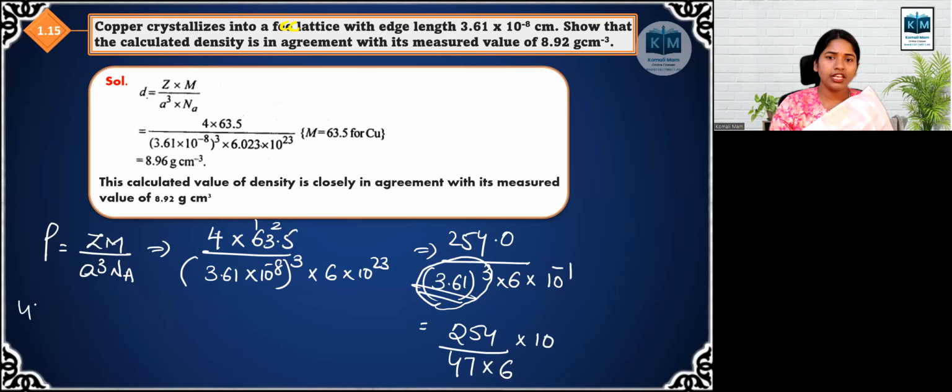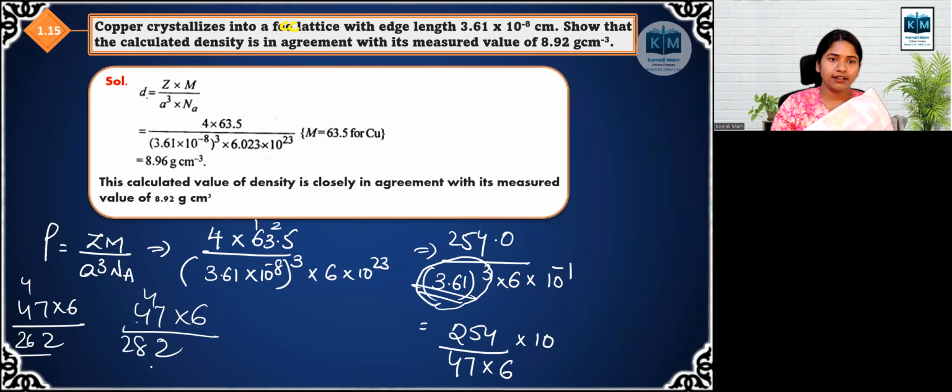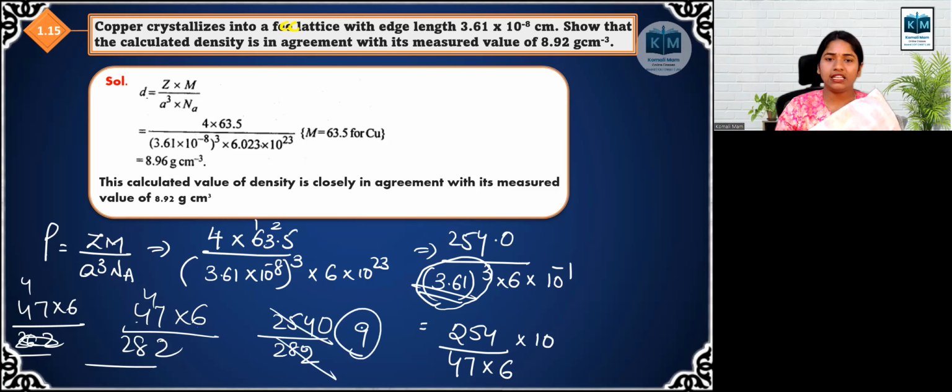Now 47 into 6: 6 7s are 42, 4, 6 4s are 24, 28. So 282. 254 into 10, there is 0, by 282, which means 2820, it will come around 9.